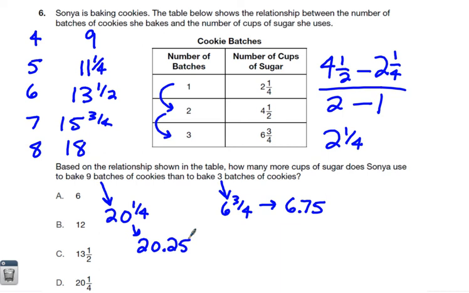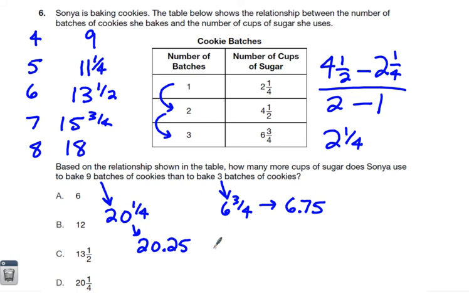Now remember, they want to know how many more cups. I like how they threw that in there as a trap, okay? They're not asking how many cups of sugar for 9 batches. They're asking how many more did you need compared to 3 batches.